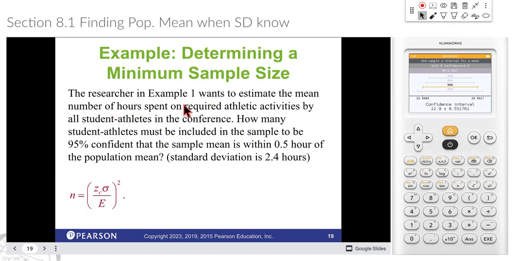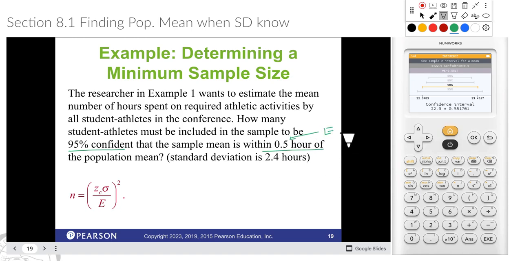So the researcher in example 1 wants to estimate the mean number of hours spent on required athletic activities by all student athletes in a conference. How many student athletes must be included in a sample to be 95% confident, so we're given that the sample mean is within 0.5 hours of the population mean. This here is our acceptable error.